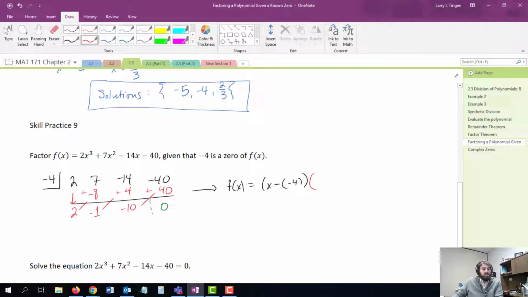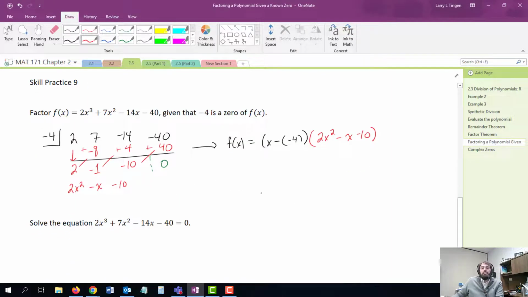Well, the starter is a cubic, so my coefficients down here represent the x squared term, the x term, and the constant term: 2x squared minus x minus 10. And then does that factor? Obviously we can clean up the first factor a little bit. Minus negative is just plus. And then 2x squared minus x minus 10.